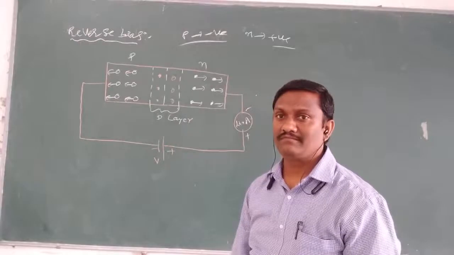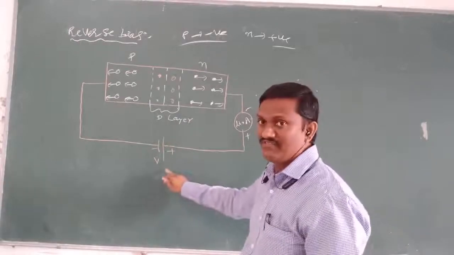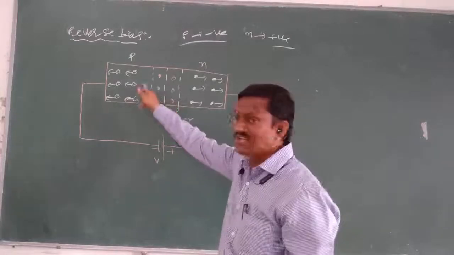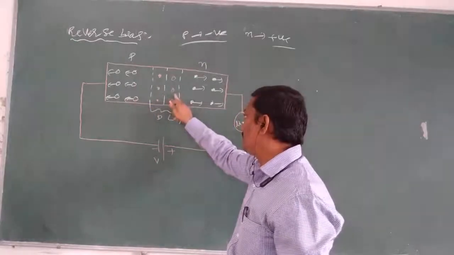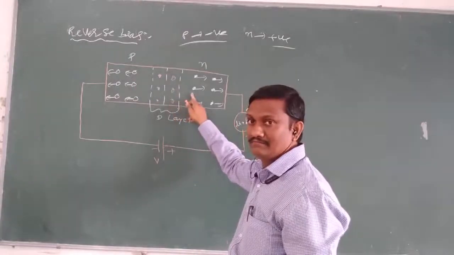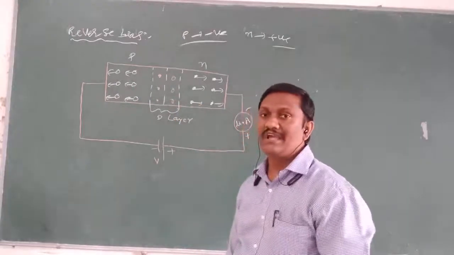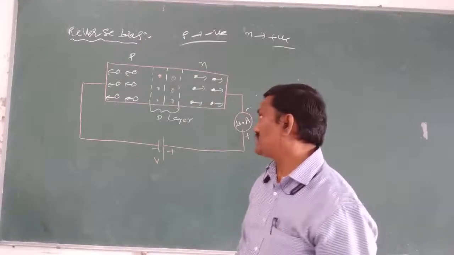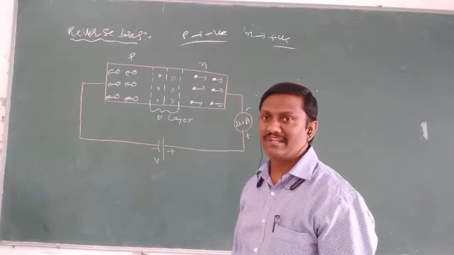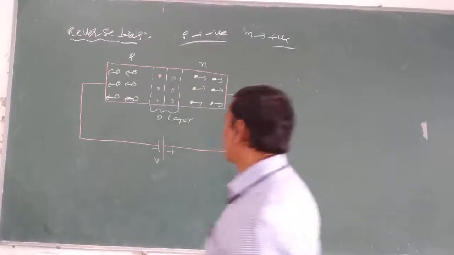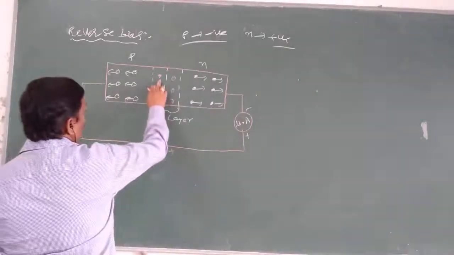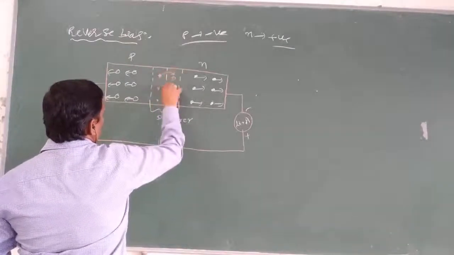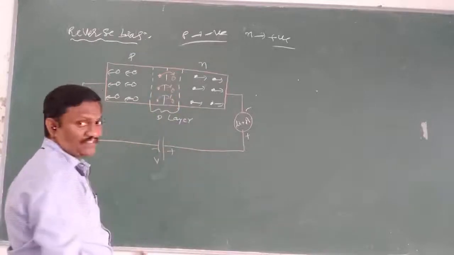Beyond a certain potential, if the applied potential is sufficient, electrons and holes come out from the covalent bonds in the depletion layer. These minority carriers, electrons being negative charge and holes positive charge, cross the junction because of these attractions and enter the other regions.